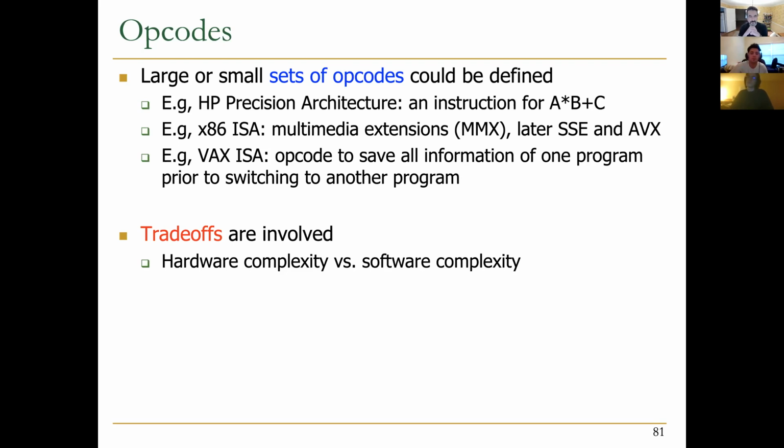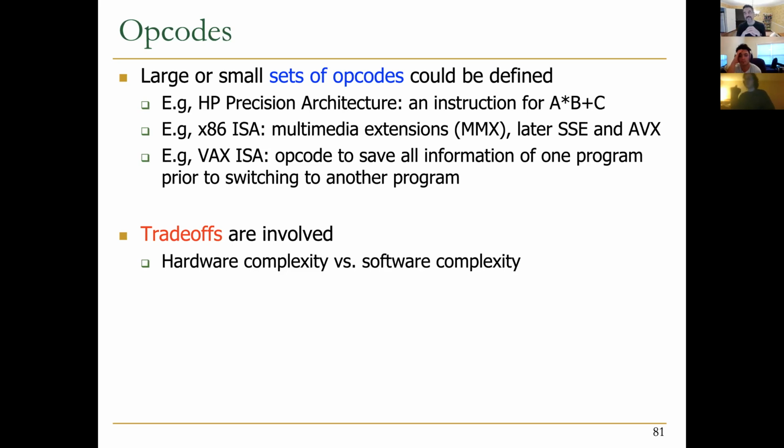So for a special purpose application, for example machine learning, now the trend is to implement a hardware accelerator specifically for machine learning or for some other task where you need a highly parallelized machine.